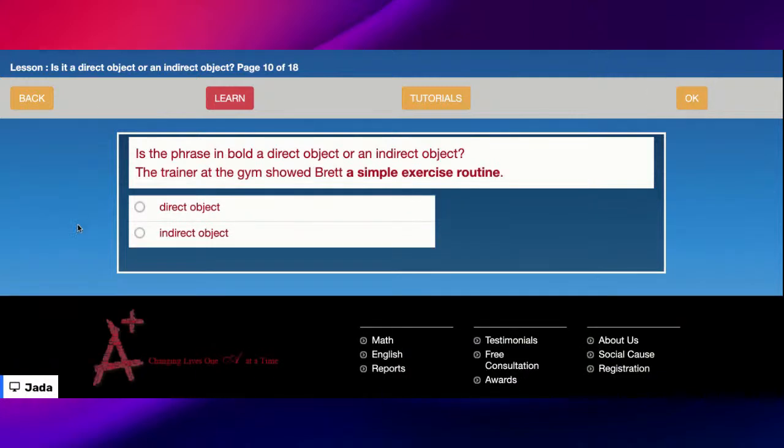All right. The trainer at the gym showed Brett a simple exercise routine. So, what's the right answer for this one?